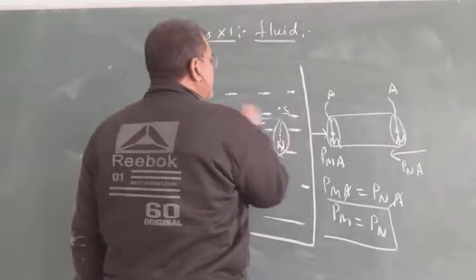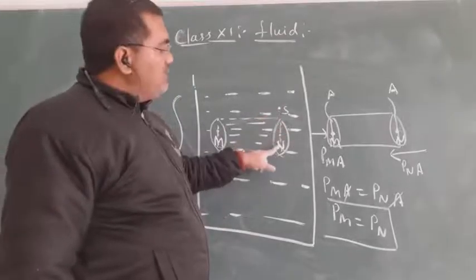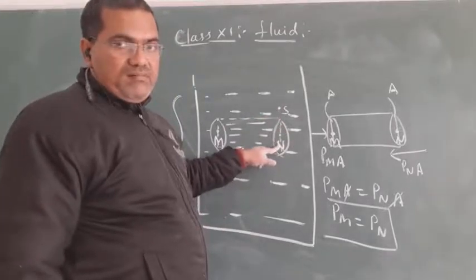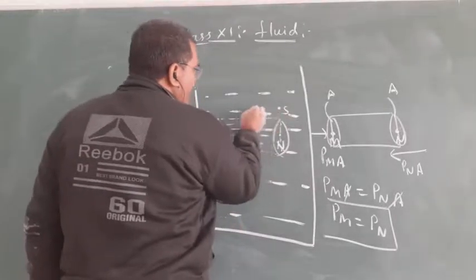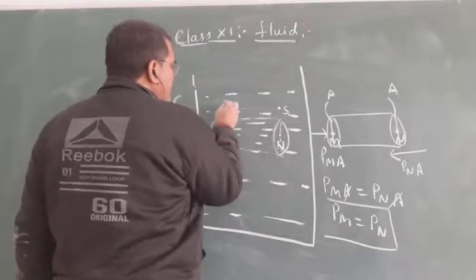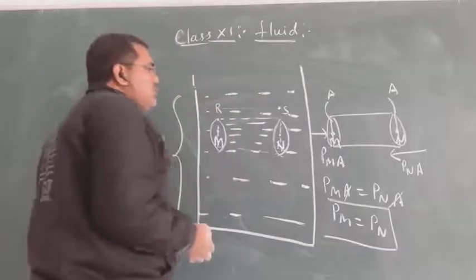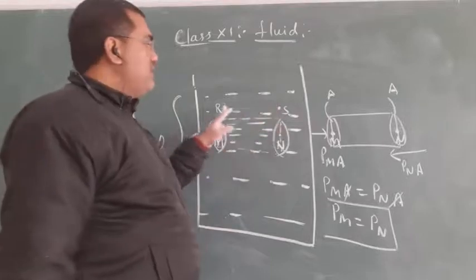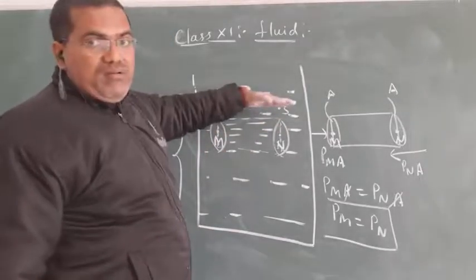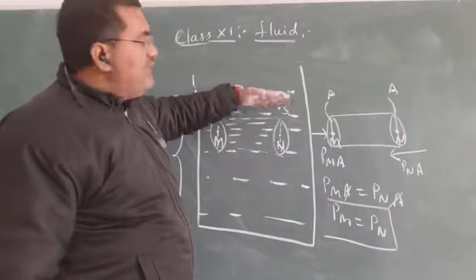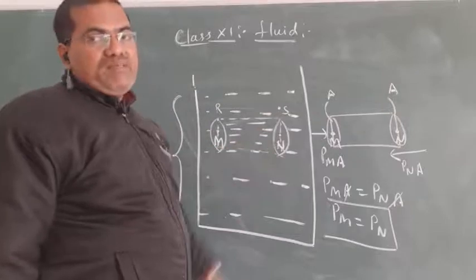Suppose this is S. So pressure at S is less than pressure at L. But if you take another point parallel to S, say K or R, then pressure at S equals pressure at R. In the same level, in a horizontal plane, pressure is the same, but different layers have different pressure.